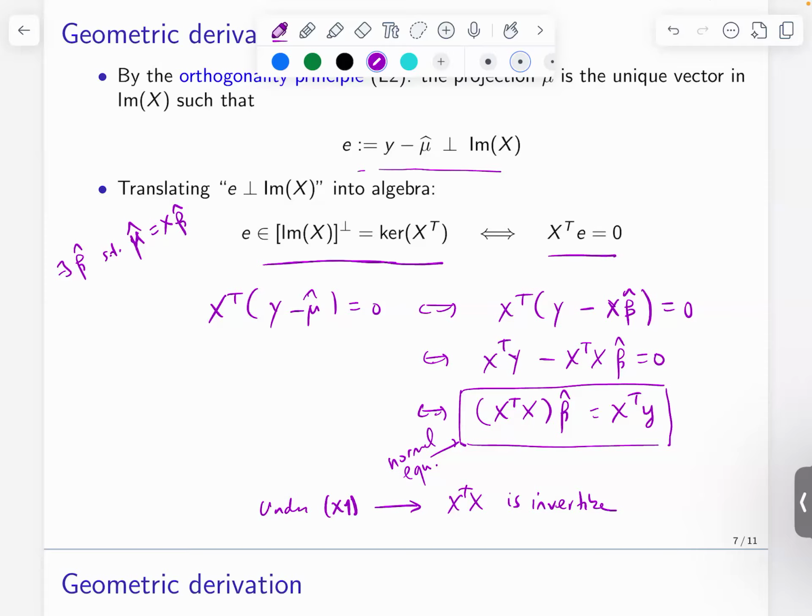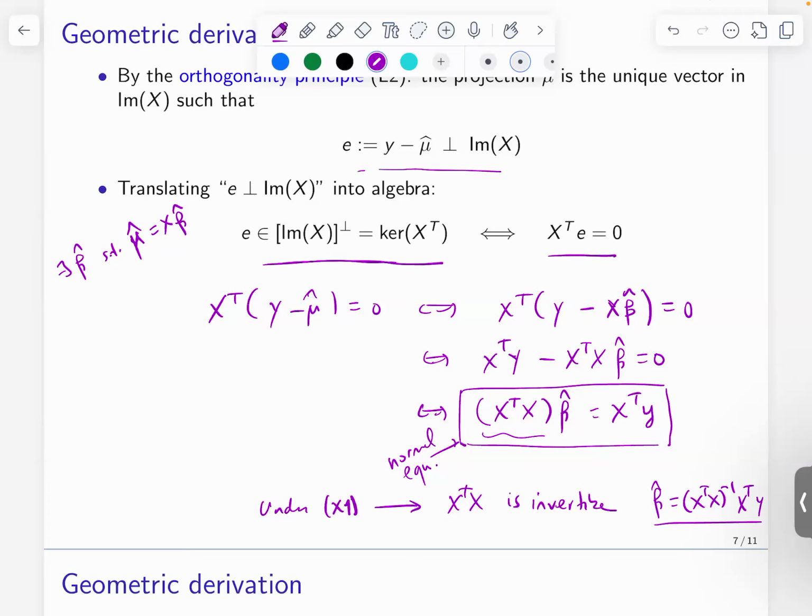So there could be multiple beta hat that solve this. But if X is full rank, then X transpose X is invertible, and there's a unique solution, which we can write as beta hat is X transpose X inverse times X transpose Y. So I can invert this, multiply both sides by the inverse. But really, in practice, you just solve it using the solver.